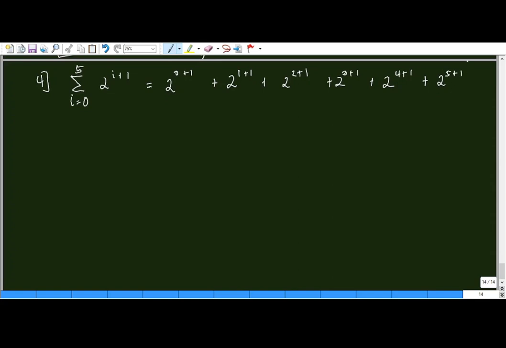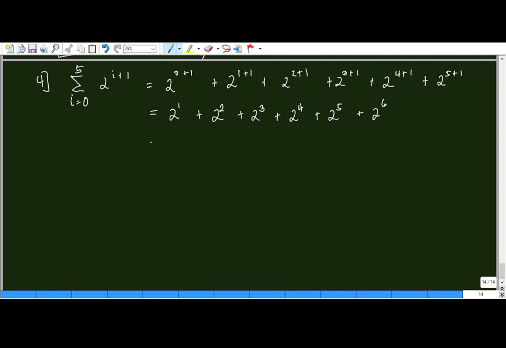I'll end it here kasi na-reach ko na yung upper limit ko na 5. So that is 2 raised to 0 plus 1, that is 1, plus 2 raised to 1 plus 1, that is 2, plus 3, plus 4, plus 5, plus 6.